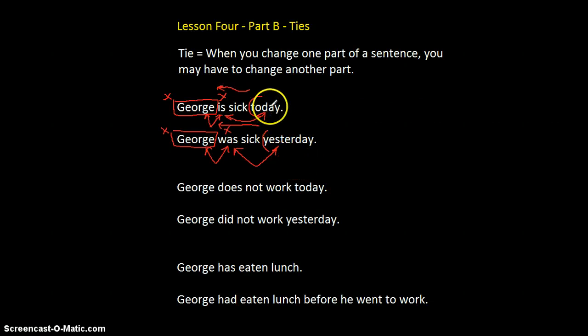When I change one part of a sentence, like today to yesterday, the time, I also change the X word, is to was. So is has two ties. It ties with the subject George and also ties with the time, present today. George was sick yesterday. The X word was has two ties. Was ties with the subject George and was ties with the past time yesterday.